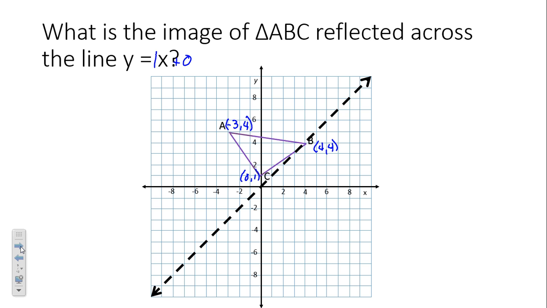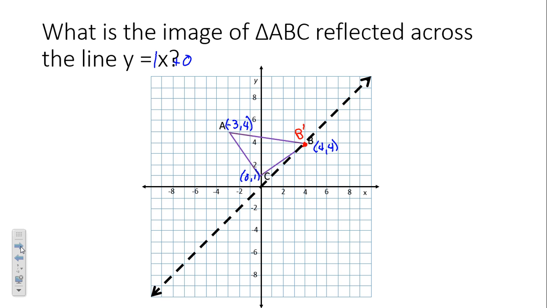Which would be the easiest point to reflect? B, because it doesn't move, does it? So we'll have a B prime at that same spot. What's the next easiest one to reflect? C, because it's close to the line, right? So C is currently at 0, 1.